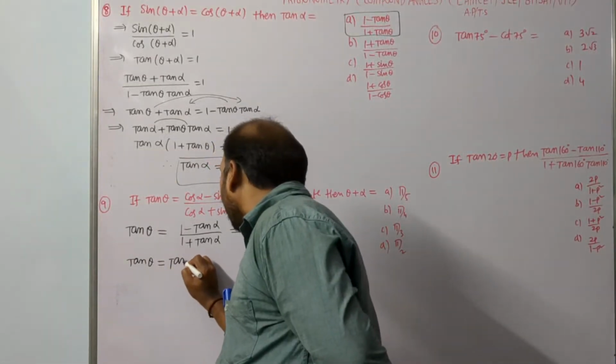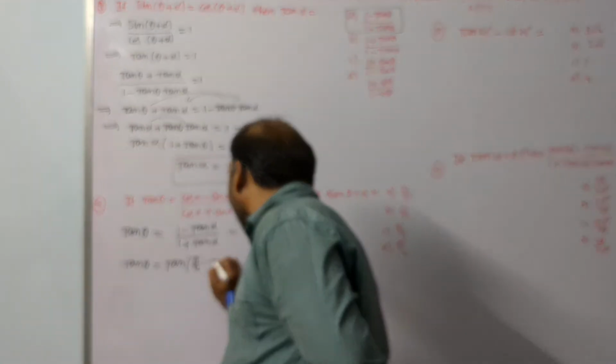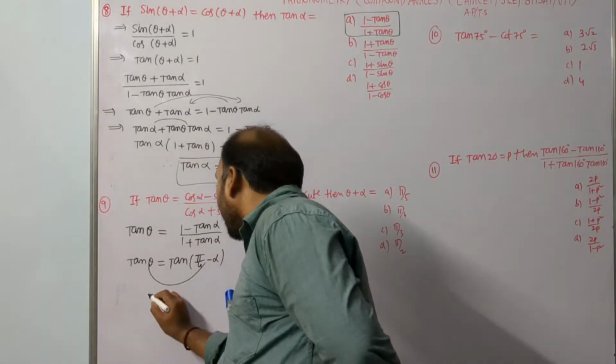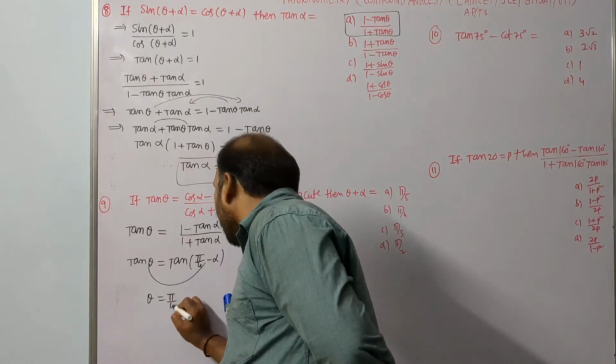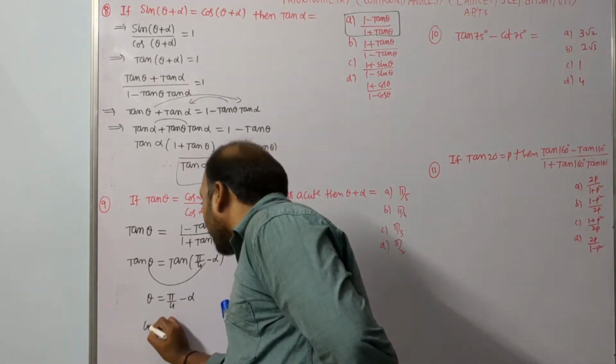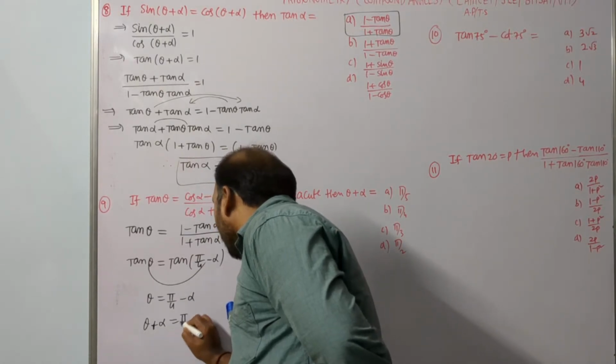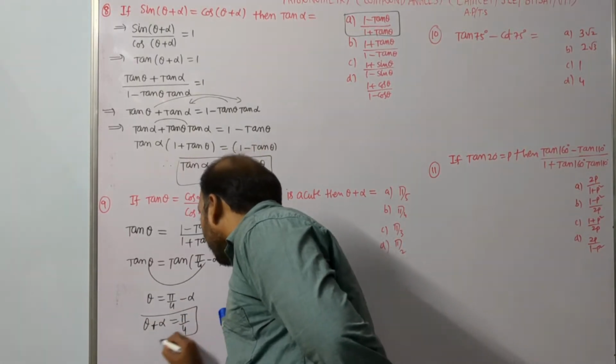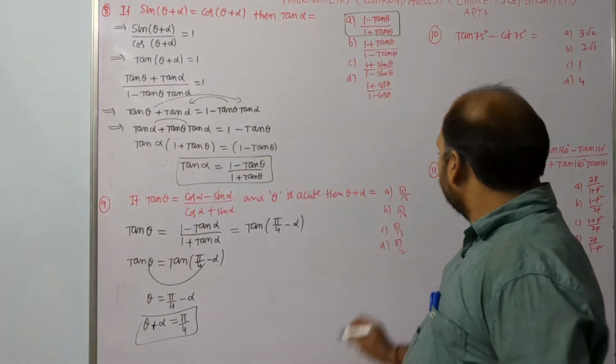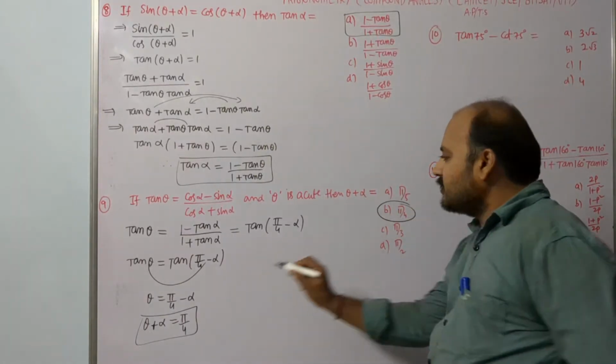So this also we have the formula tan of pi by 4 minus alpha. Therefore tan theta is equal to tan of pi by 4 minus alpha. Comparing the angles, theta equal to pi by 4 minus alpha. Theta plus alpha is equal to pi by 4. So pi by 4 is the answer, dear students.